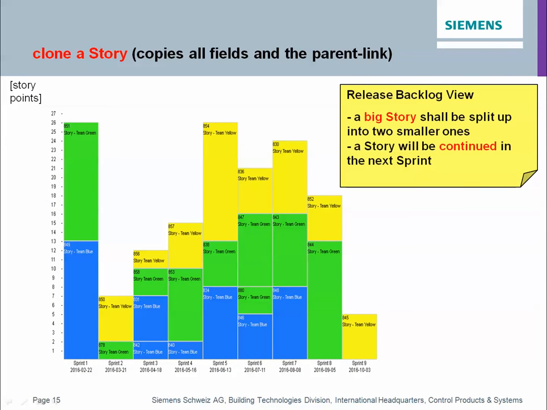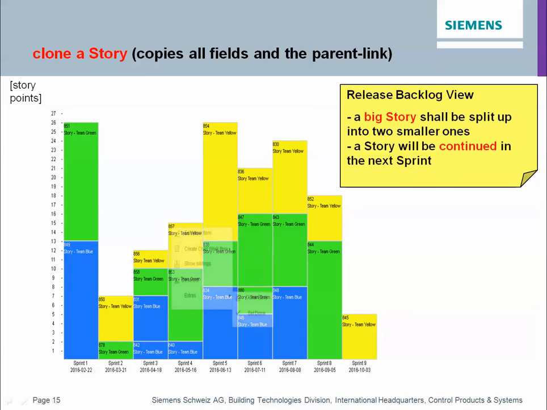Let's start with the basic feature to clone a story. Very often we have big stories or we have stories we want to continue in the next sprint, so we want to create a clone. IBM provides a copy function. However, we also copy all the attributes of the story, and in addition, we also copy the links, especially the parent-child link type.